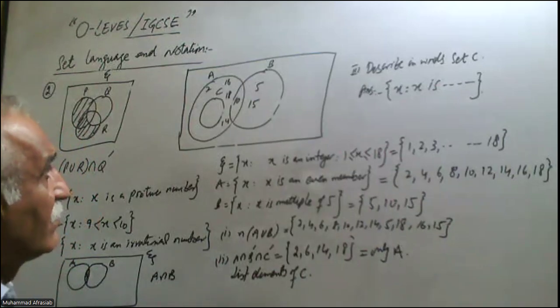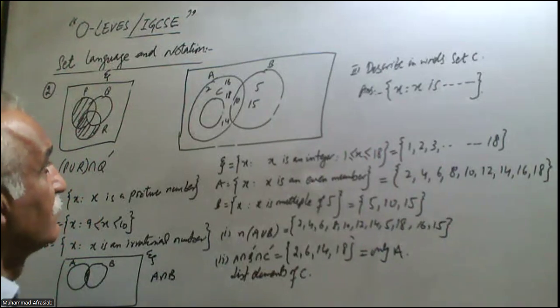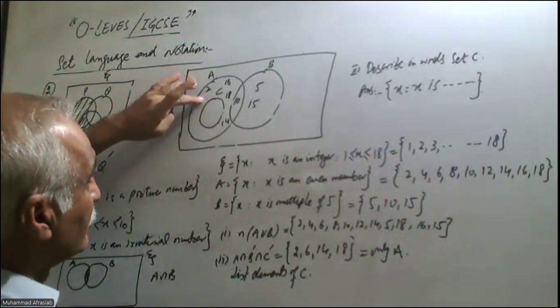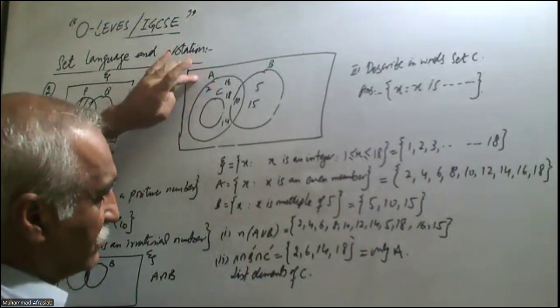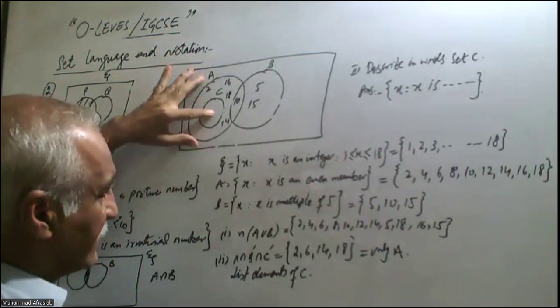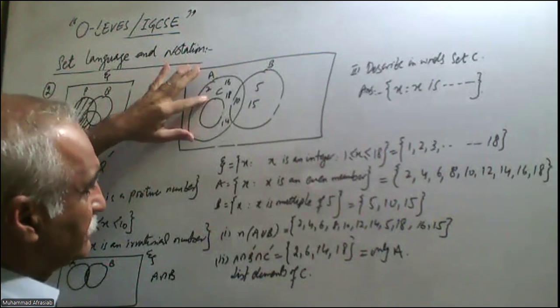List the elements of C. So 2 is there. C is a subset of A, so all elements of C should be a part of the set A. So 2 is there.